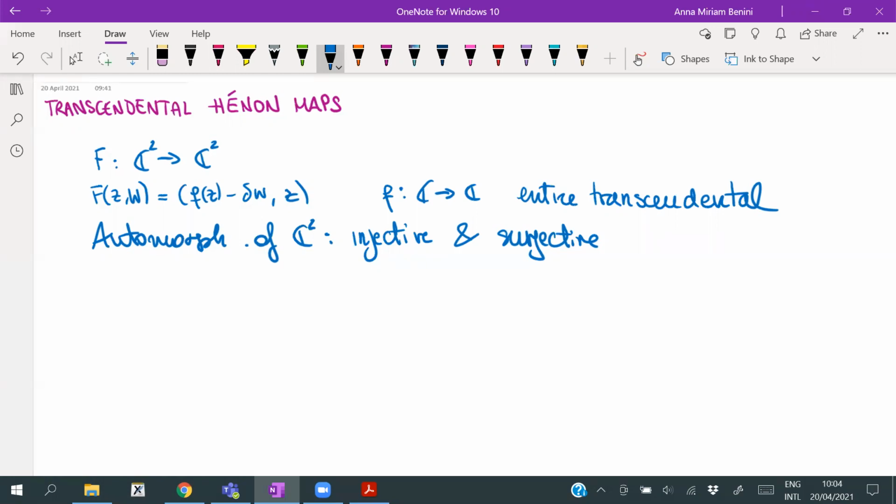Let me tell you another advantage. So what are the advantages of transcendental Henon maps? One is that this special form allows you to use one-dimensional techniques.